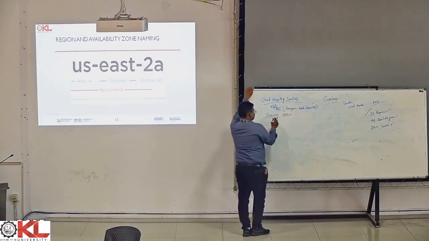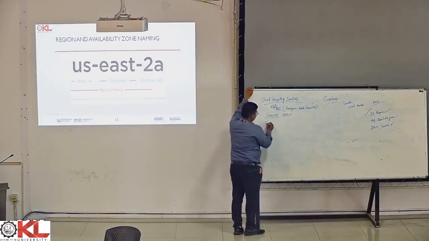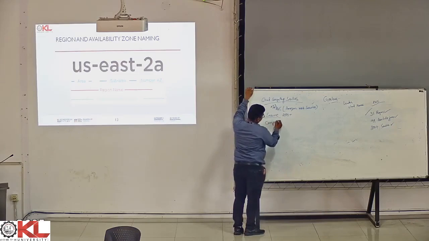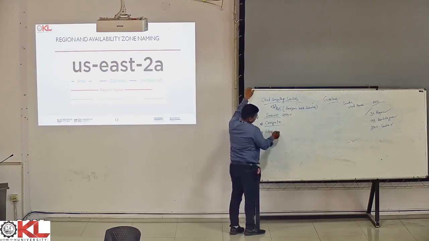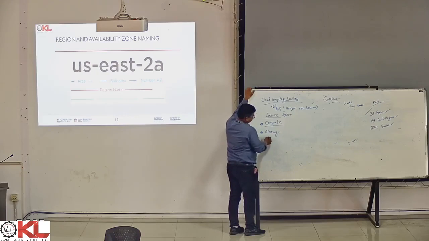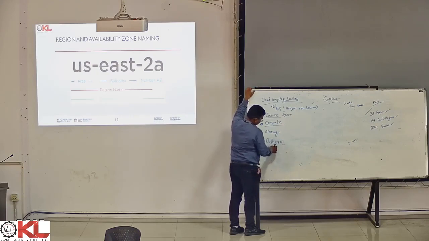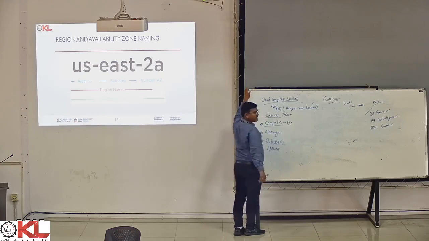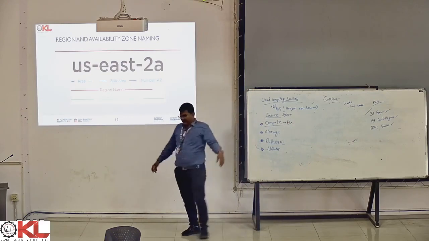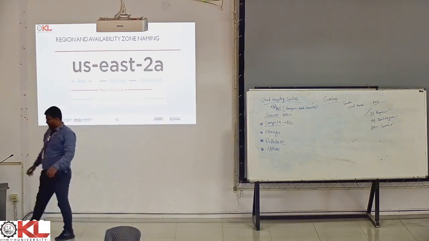The first important service is the compute service. Compute is one, storage is another one, database is another one, and network follows. The first one we are learning is EC2. EC2 is Elastic Compute Cloud.